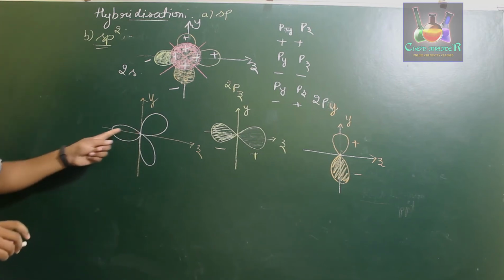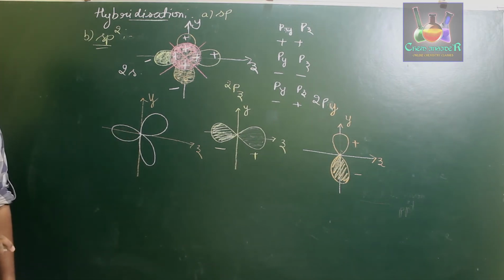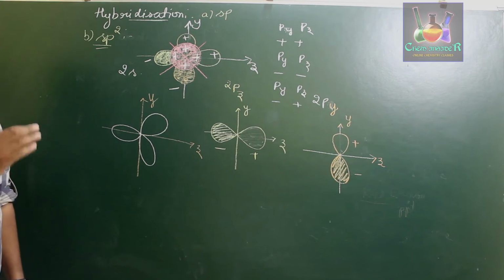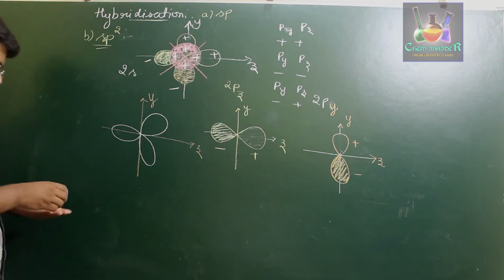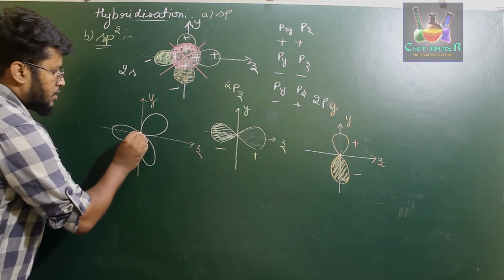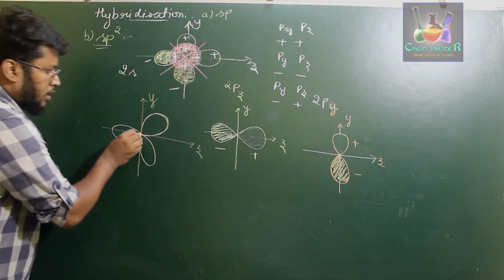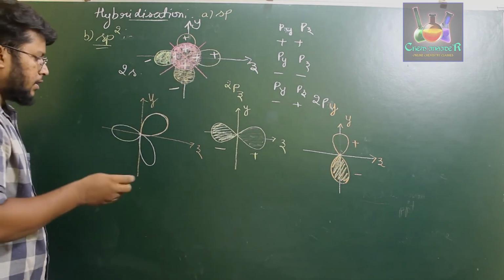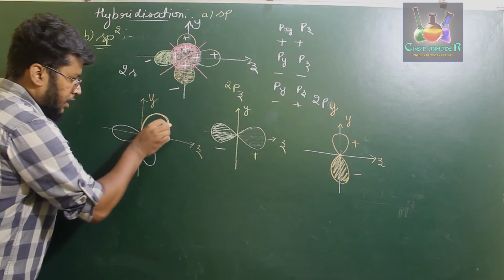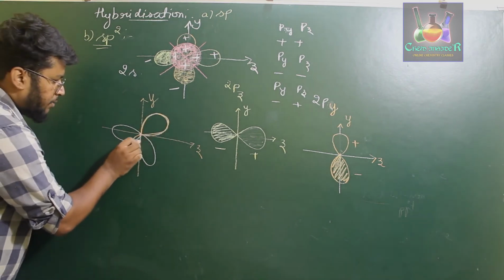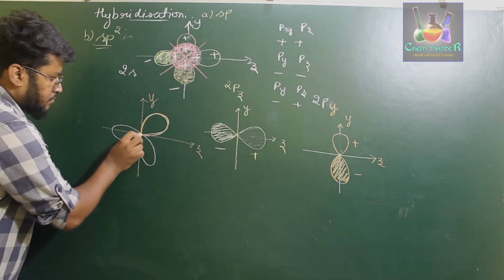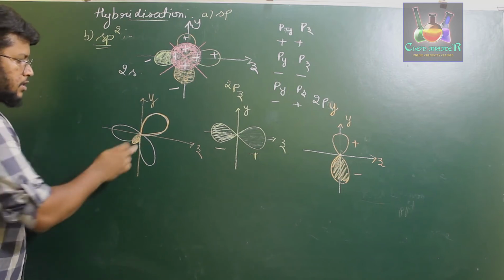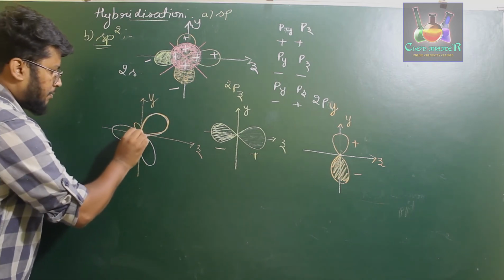So the direction of this clearly depends upon the positive and negative signs of the py and pz orbitals. So clearly, if this is the sp2 orbital resulting from the s and the positive of one of the orbitals, it will be in this particular direction, and its smaller lobe will be in this direction. Similarly, this orbital's negative end will be present over here.